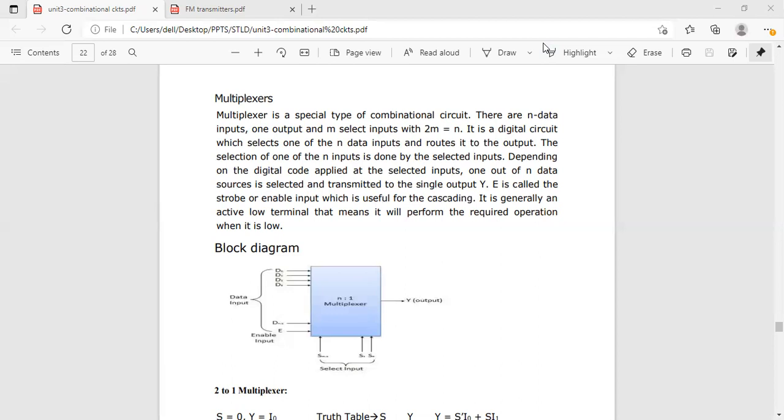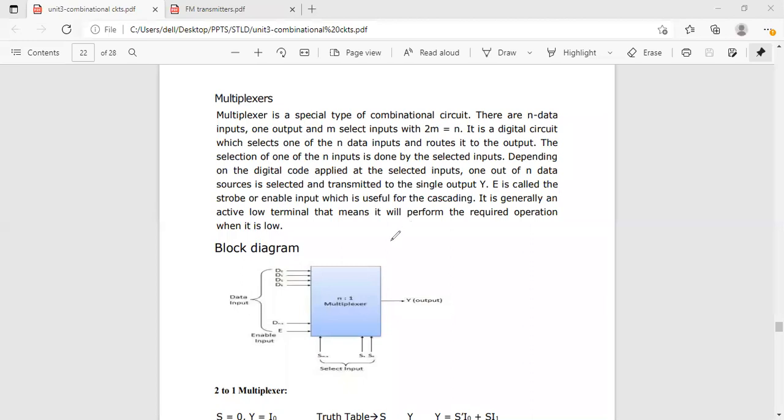In this class I'm going to explain multiplexers. A multiplexer is also a combinational circuit, and it is called a data selector. The size of the multiplexer is 2 power m to 1. Here 2 power m is nothing but n.